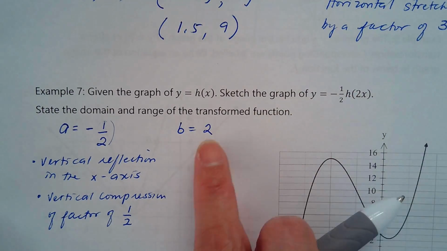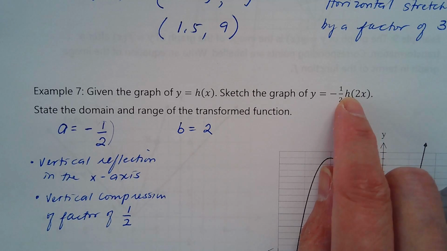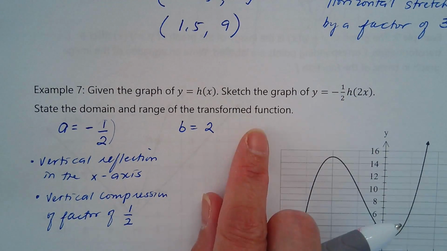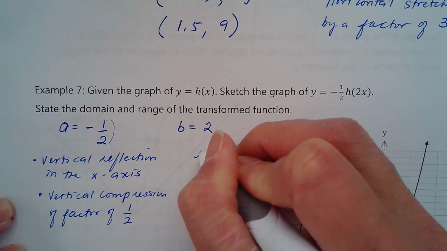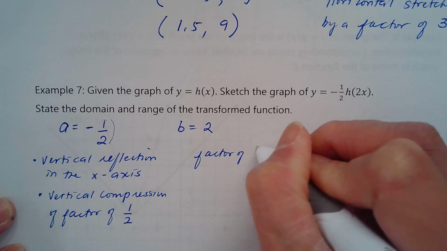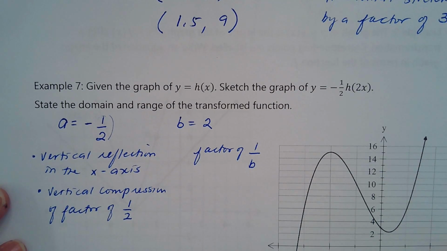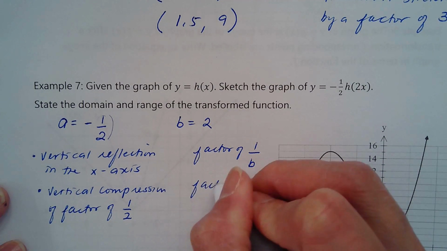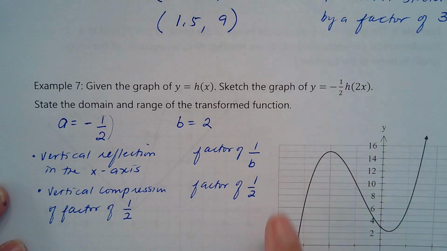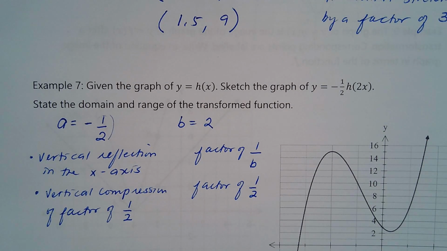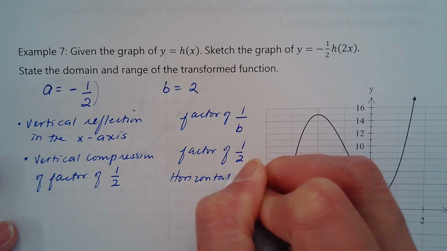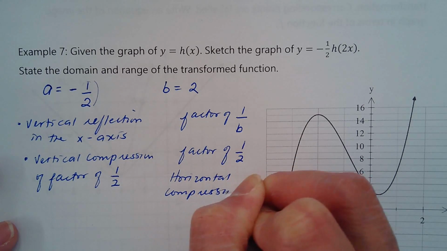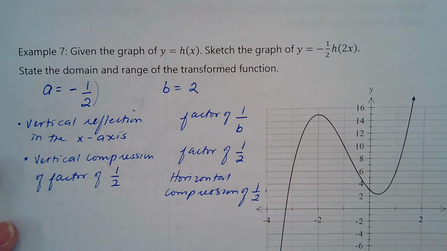Now what about this one? We can't just take it the way it is from the equation, because the b has to be a factor of 1/b. Well, what's 1/b? Factor of 1/2. Because it's 1/2, if we multiply the x by 1/2, it's going to be a horizontal compression of 1/2.